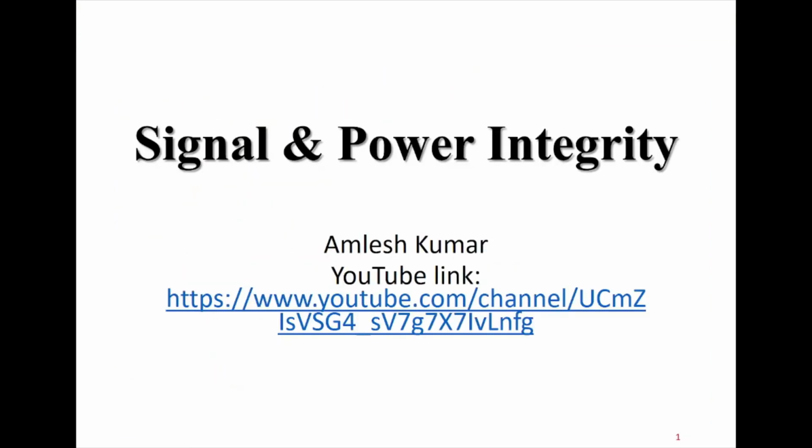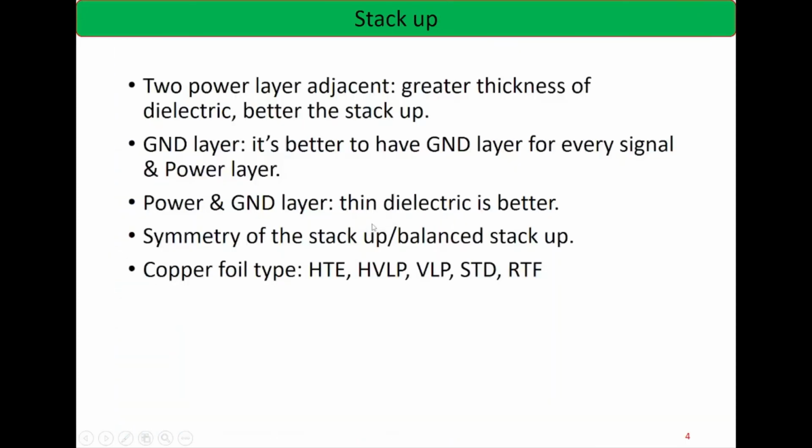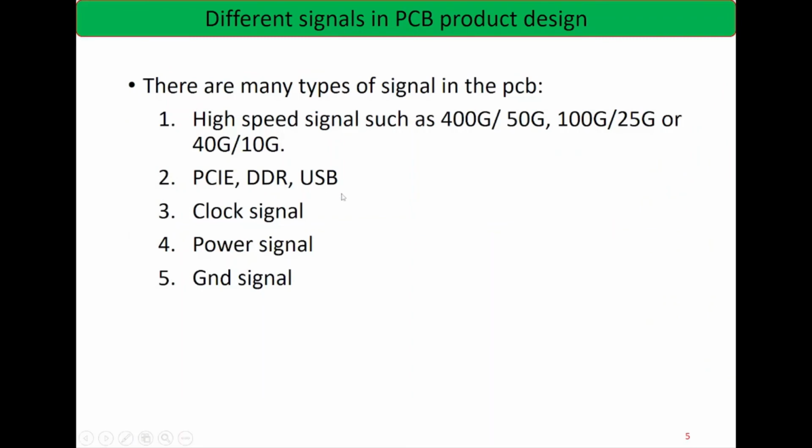We have covered up to constraint manager entry. In further slides I will slowly discuss PCIe, DDR and USB, and then the scattering parameters.